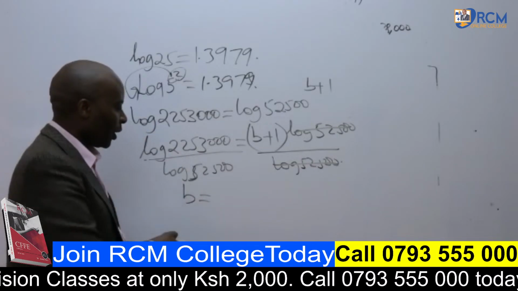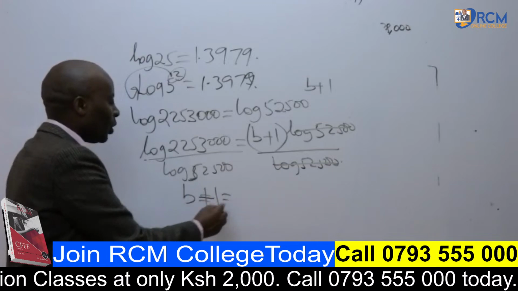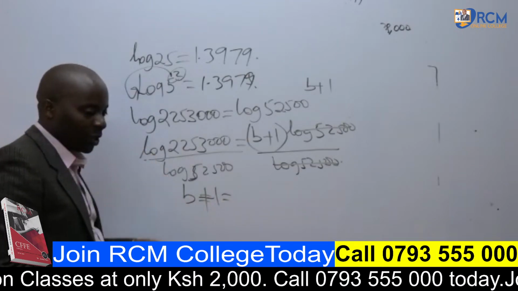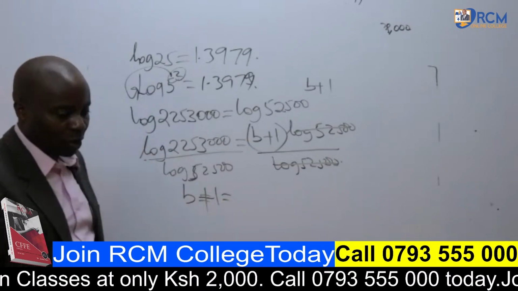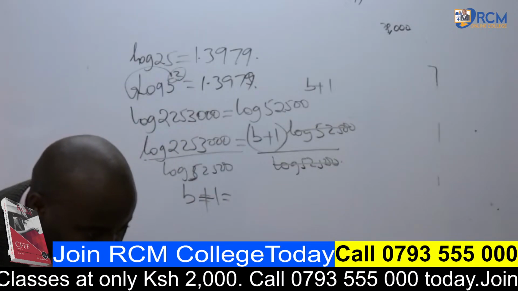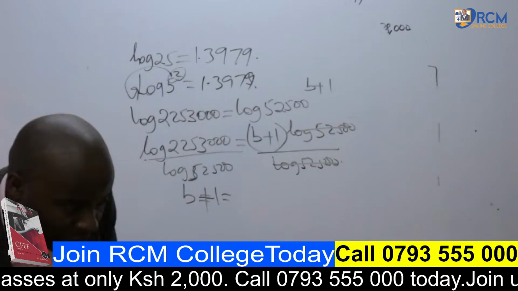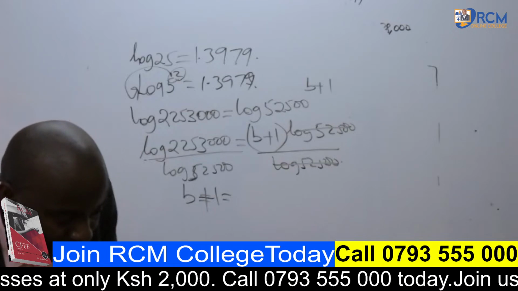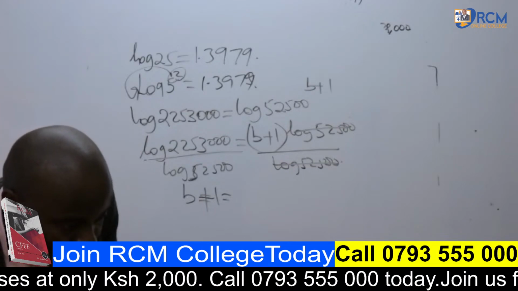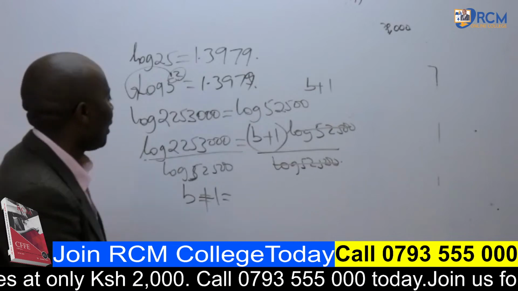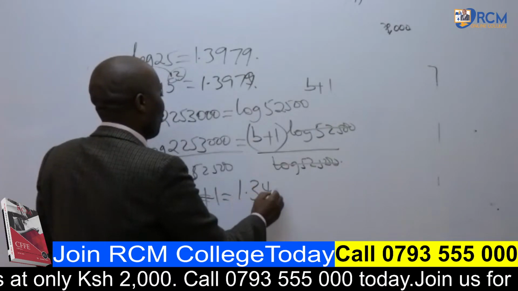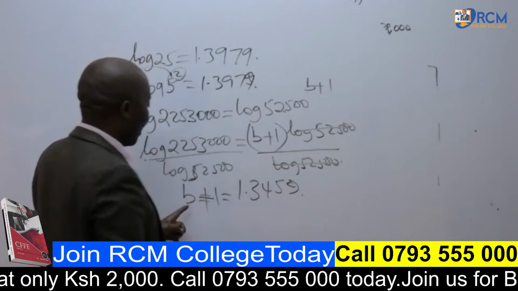We want to know what do you have here? Log this divided by log this gives us what figure? Somebody. I can see Peter has even gone a step further. Somebody is giving me a figure of 1.3459. But now remember, I don't want b plus 1.